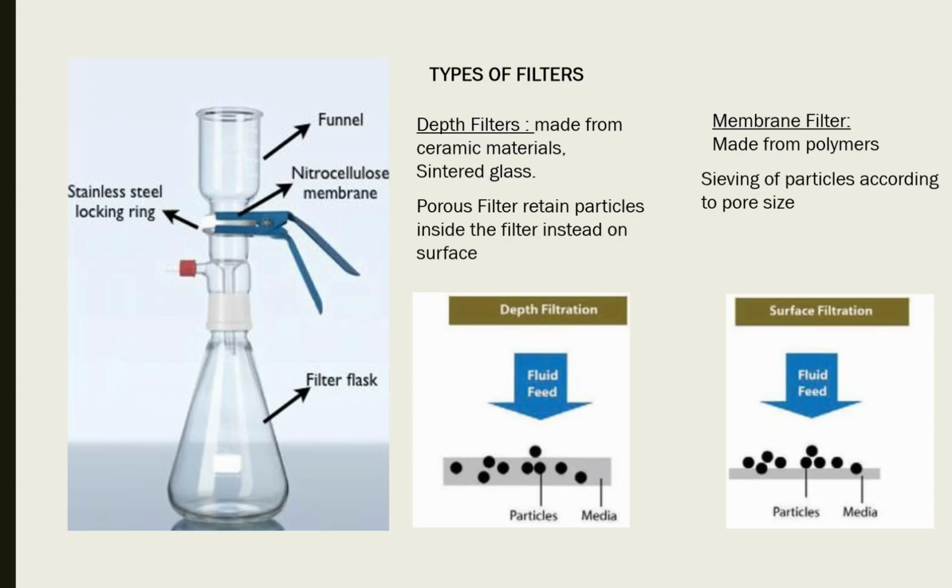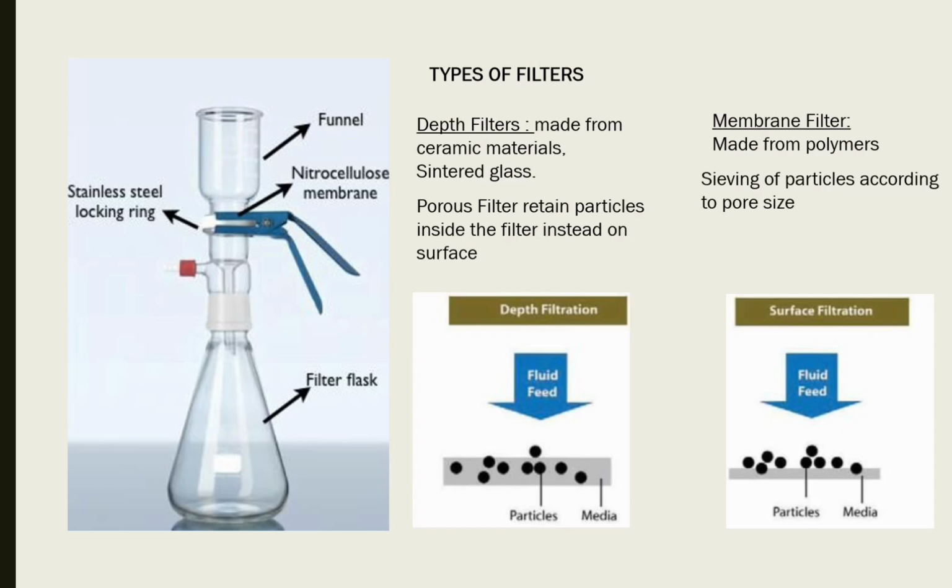Then second is membrane filtration, or surface filtration also we can say. It is made up of polymers, and it acts as a sieve, or it sieves the particles according to the pore size, as I said in the previous slide. That is, depending on the size of the bacteria, virus, fungi or any type of microorganism, filter papers are made.